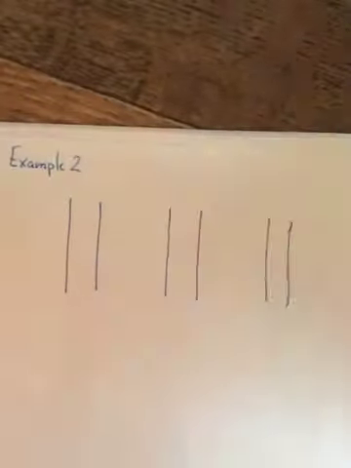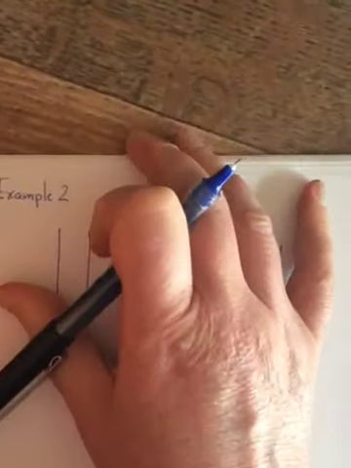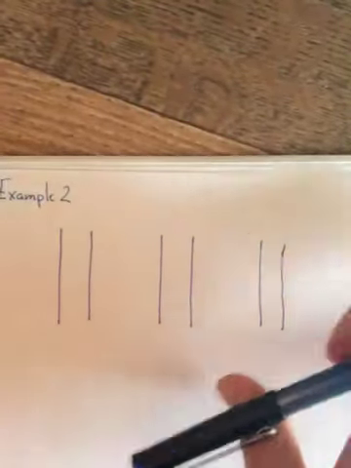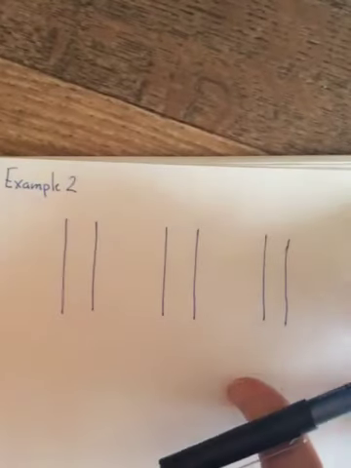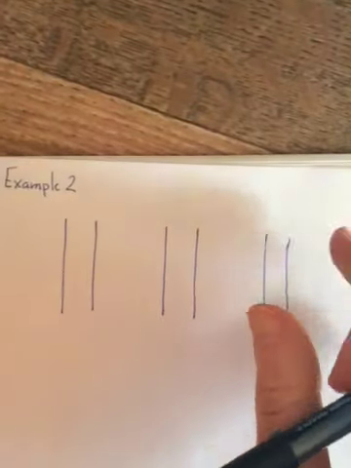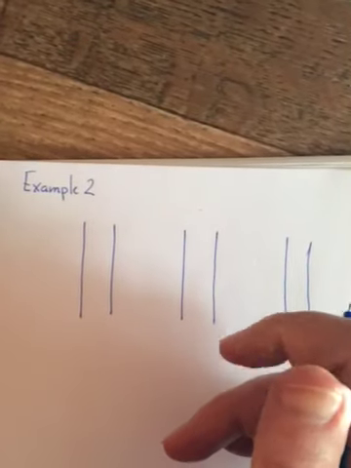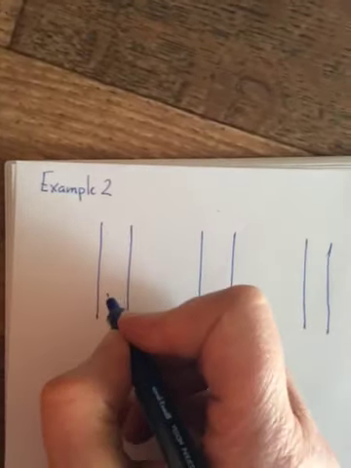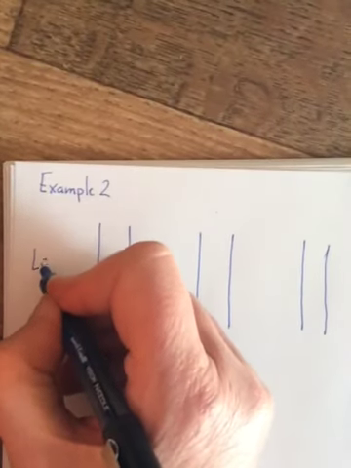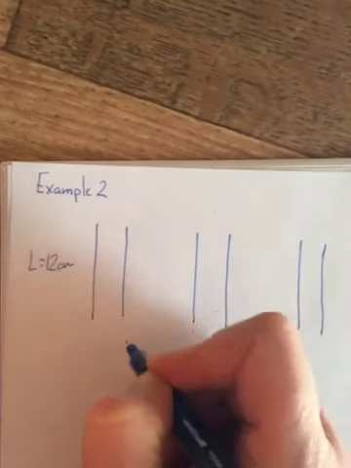Example 2 says a vibrating tuning fork is held near the mouth of a long glass tube that is partially submerged in water. The tube is raised and the first loud sound, the first resonance point, is heard when the air column is 12 centimeters long. Okay, so our L for the first one is 12 centimeters.